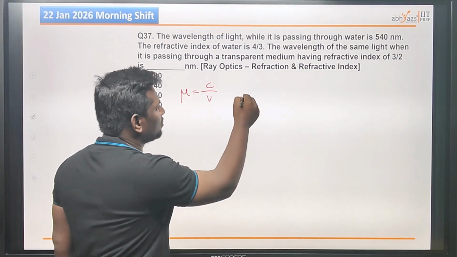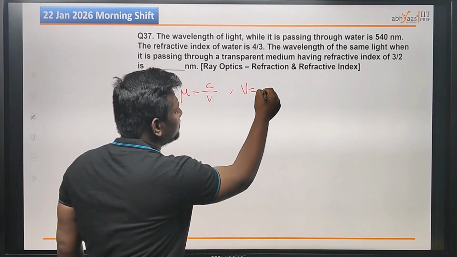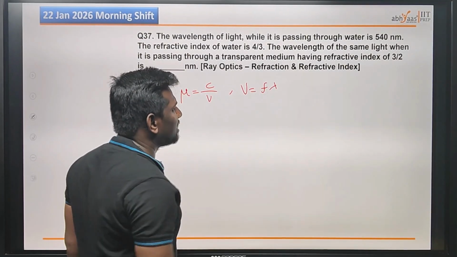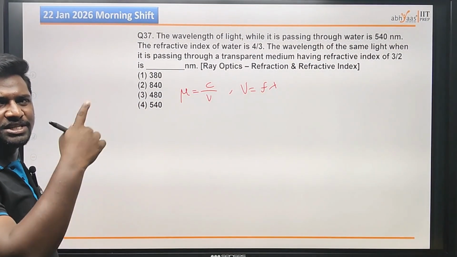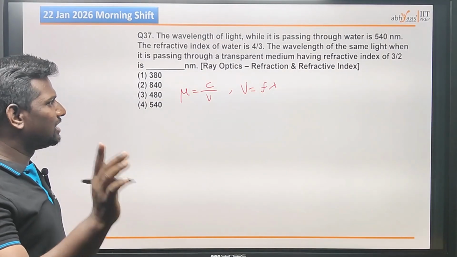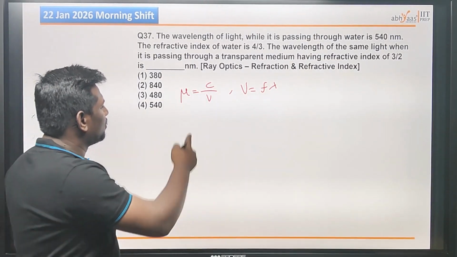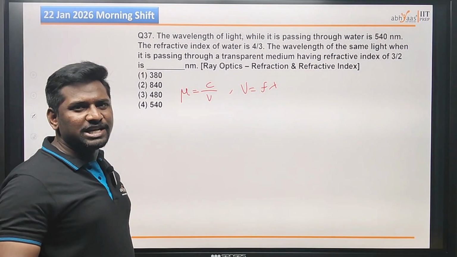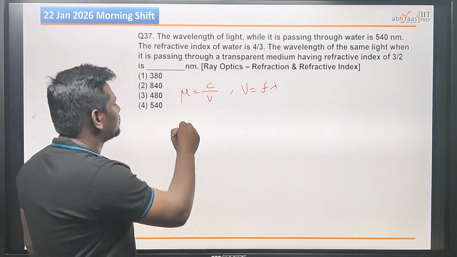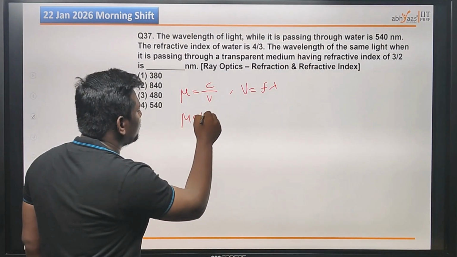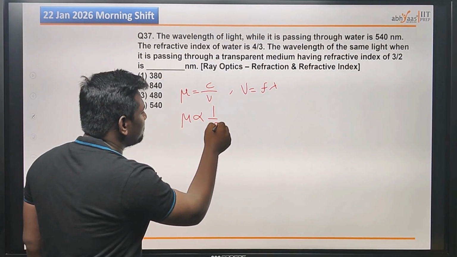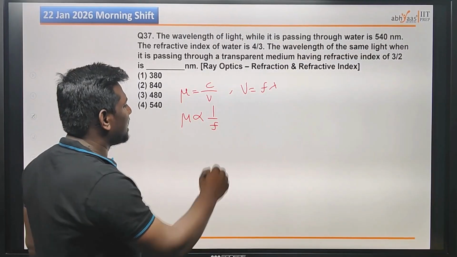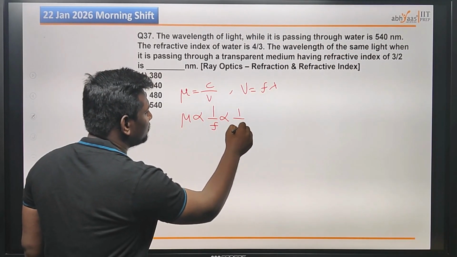From this we know the velocity formula, velocity can be written as frequency into lambda. So velocity is directly proportional to lambda, that is wavelength. Refractive index is inversely proportional to velocity. So you can conclude refractive index is inversely proportional to lambda.